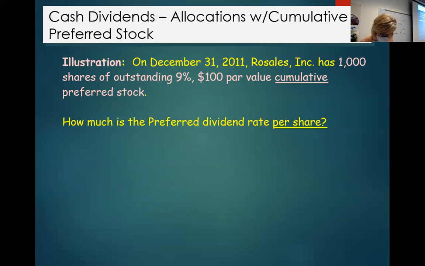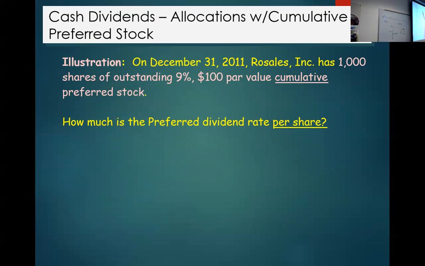So real quick, fill in the blanks there. How much is the preferred dividend per share? I said rate there. Please cross off the word rate. It's dollars. Just cross out rate, because rate would be the 9%.